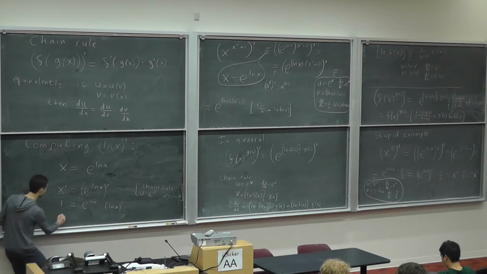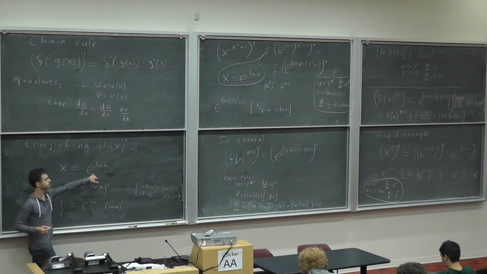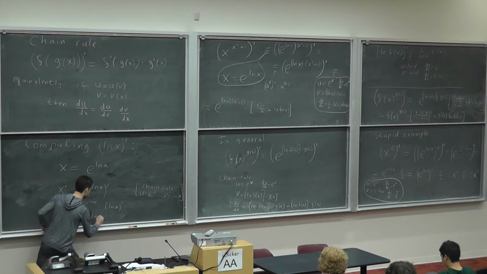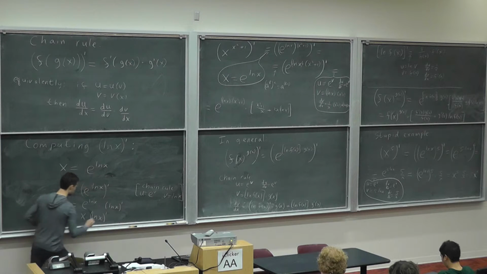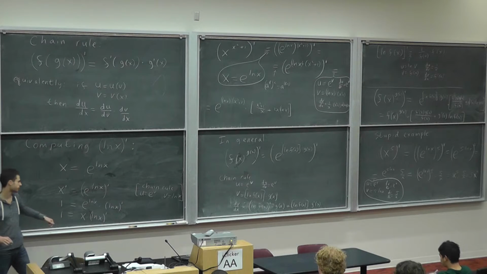Well, now, what is e to the power ln x? That's just x. So what's the derivative of ln of x? Rearrange this. It's 1 over x.